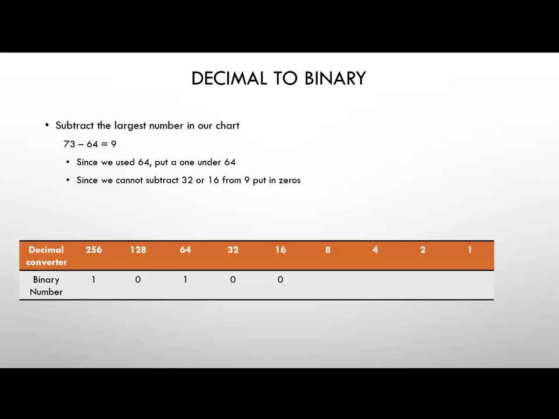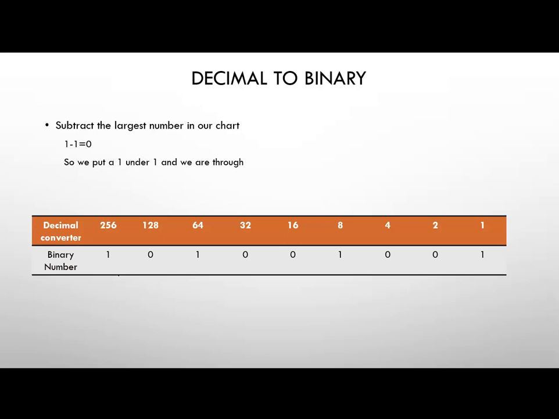And so now we look at what we have left. Okay, we can't subtract 32, we cannot subtract 16 from 9, but we can subtract 8 from 9, so our next step is going to be to put a 1 under the 8, and that leaves us with 1. Well, we can't subtract 4 from 1, we can't subtract 2 from 1, but we can certainly subtract 1 from 1.